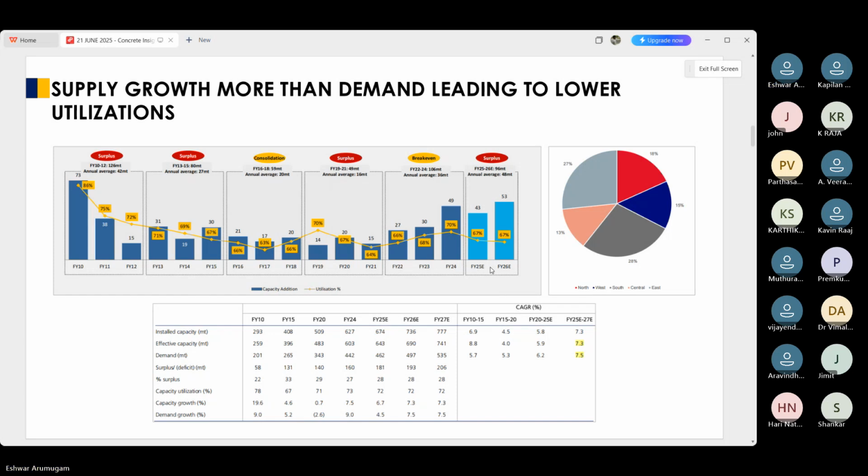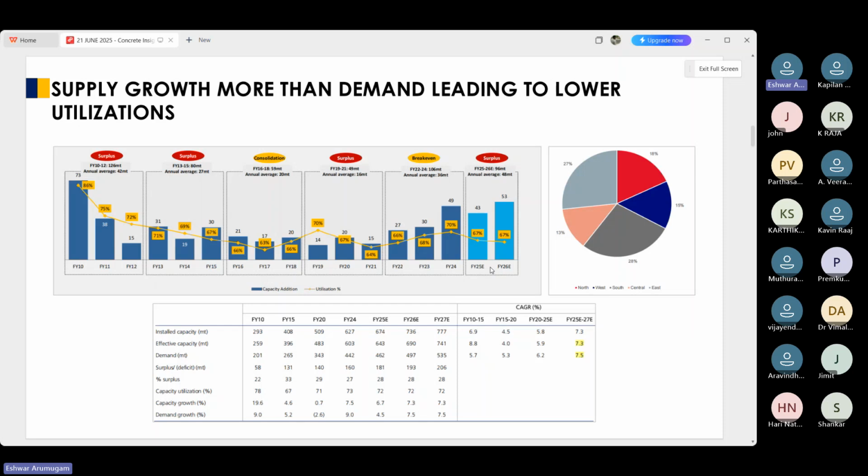The reason why companies have added supply in such huge quantities is because it is expected that the demand growth will be higher in the upcoming years. So the normal gestation period for a greenfield cement capacity addition is about 3 to 5 years. So the companies have anticipated demand prematurely, and they have added the capacity, hoping that the demand would pick up in the coming years.